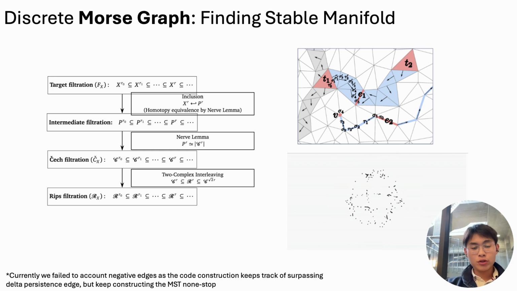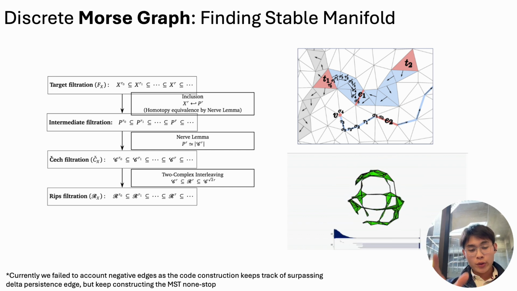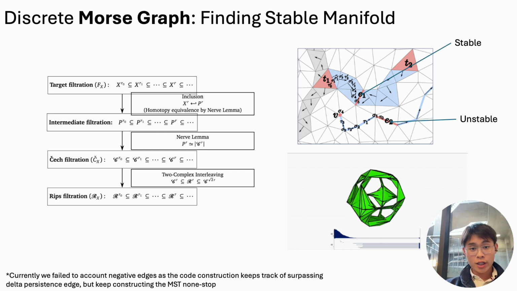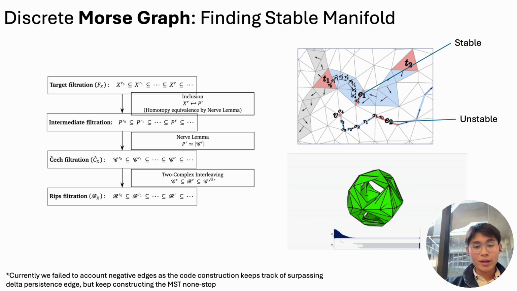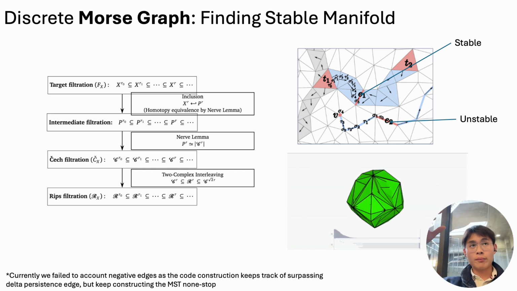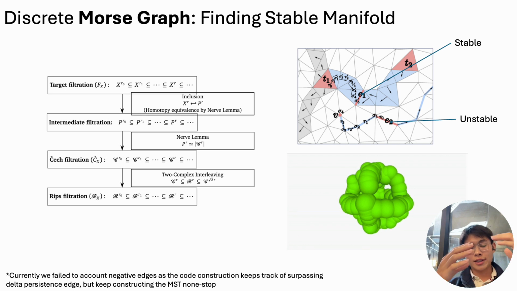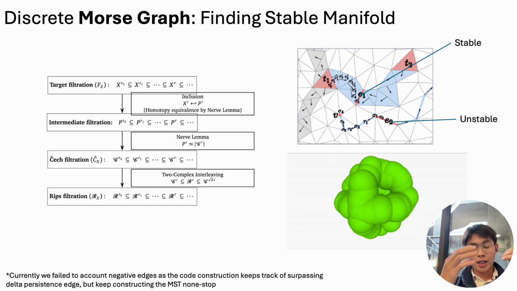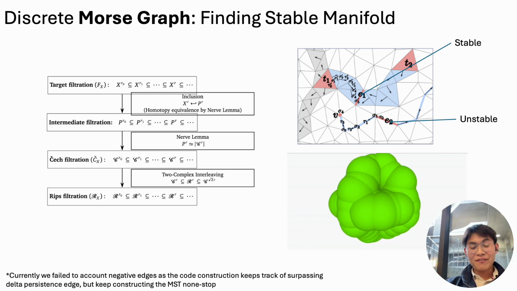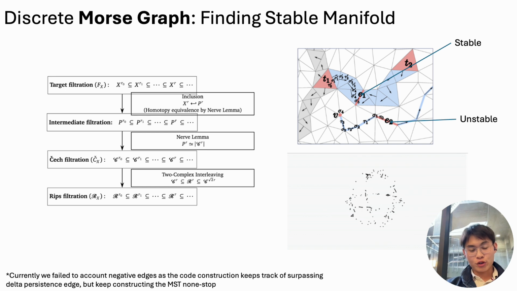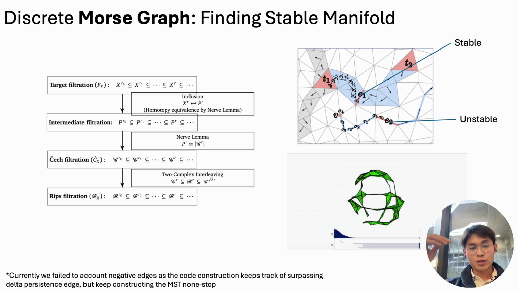We're trying to reason about different manifolds. When we induce a discrete gradient field, a discrete Morse field in this sense, we can have different manifolds that live in it. This graph is a really nice illustration because we can see the stable manifolds, where we usually have two critical simplices flowing into it. Notice that in the convention of lower star filtration, we're always looking at the function values from high to low.